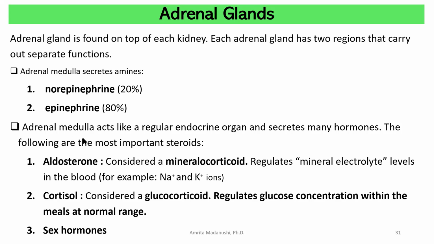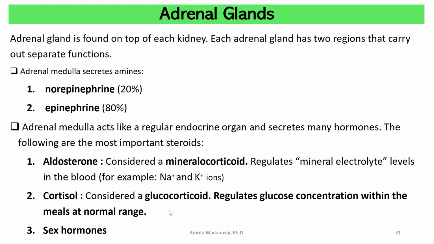And the adrenal cortex acts like an endocrine organ and secretes many hormones, such as aldosterone, cortisol, and sex hormones. The aldosterone is called a mineralocorticoid because it regulates the electrolyte level, controlling the sodium and potassium levels.